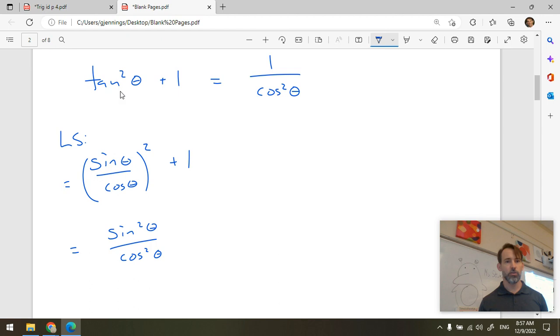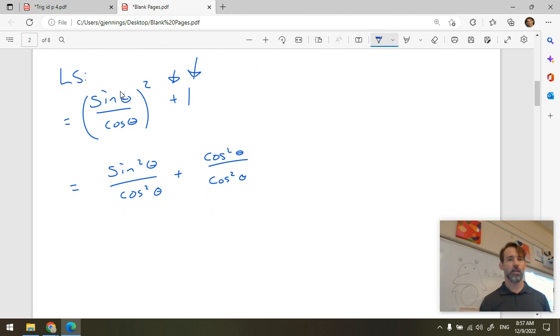And I would like to do this addition here as well. So I'm going to write 1 as a fraction, plus cosine squared theta over cosine squared theta. Cosine squared theta over cosine squared theta is 1. I just multiplied top and bottom by cosine squared theta. So now I have sine squared theta plus cosine squared theta over cosine squared theta.